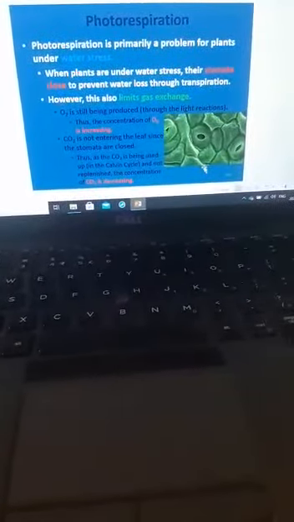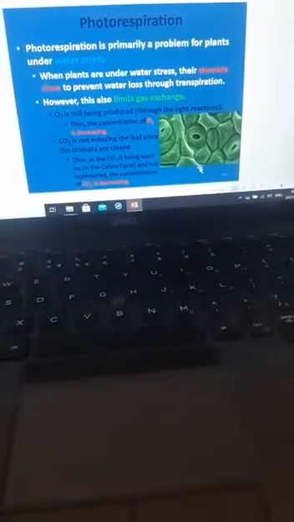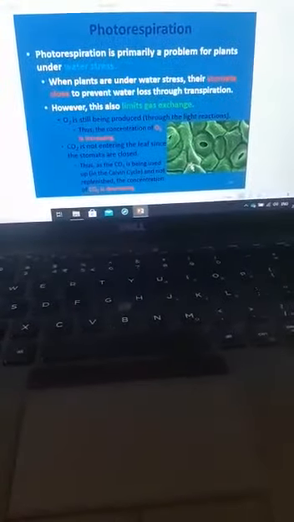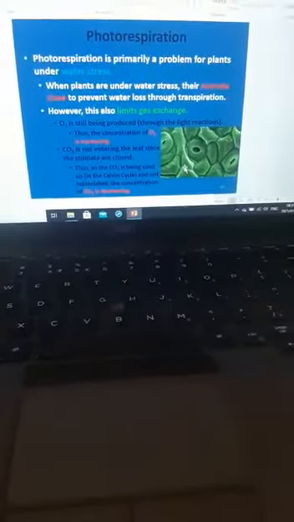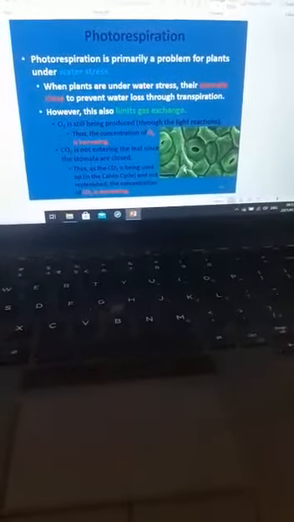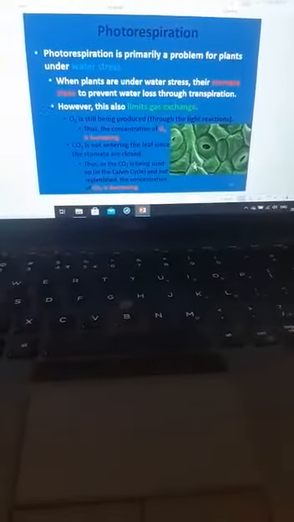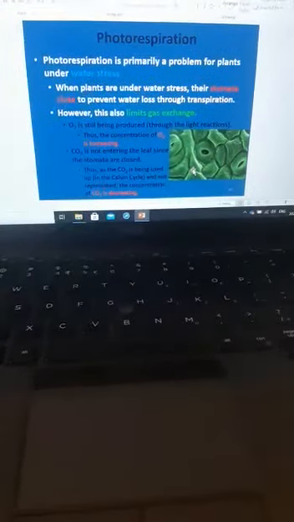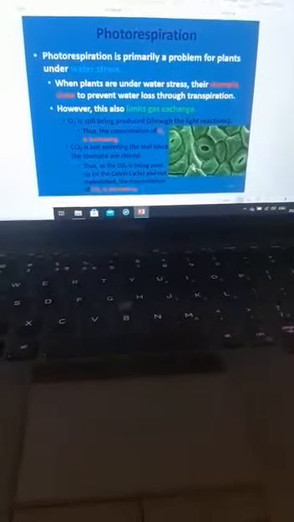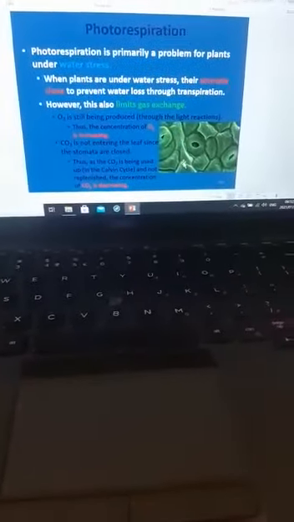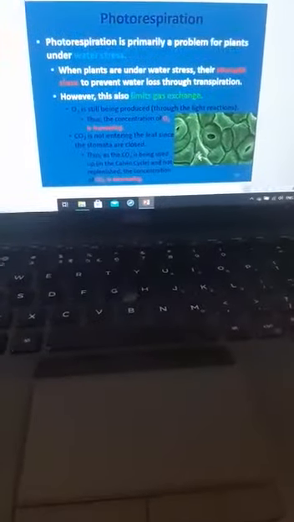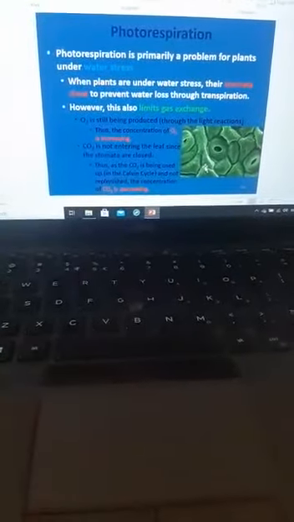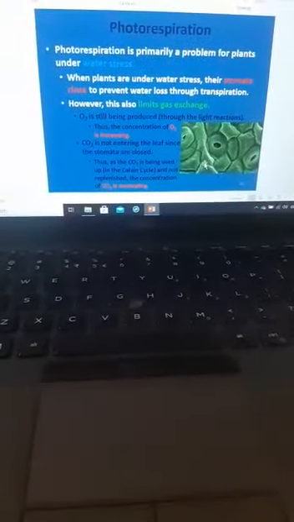So basically, this slide is just showing you a typical leaf of the plant, the stomata, and so on. Under higher temperature conditions or under water stress, what are the plants going to do? The plants will close the stomata to prevent too much water being lost into the atmosphere through transpiration. Remember, the stomatal pore that is used to allow carbon dioxide to enter into the leaf is the same pore through which water moisture moves from the plant into the atmosphere.